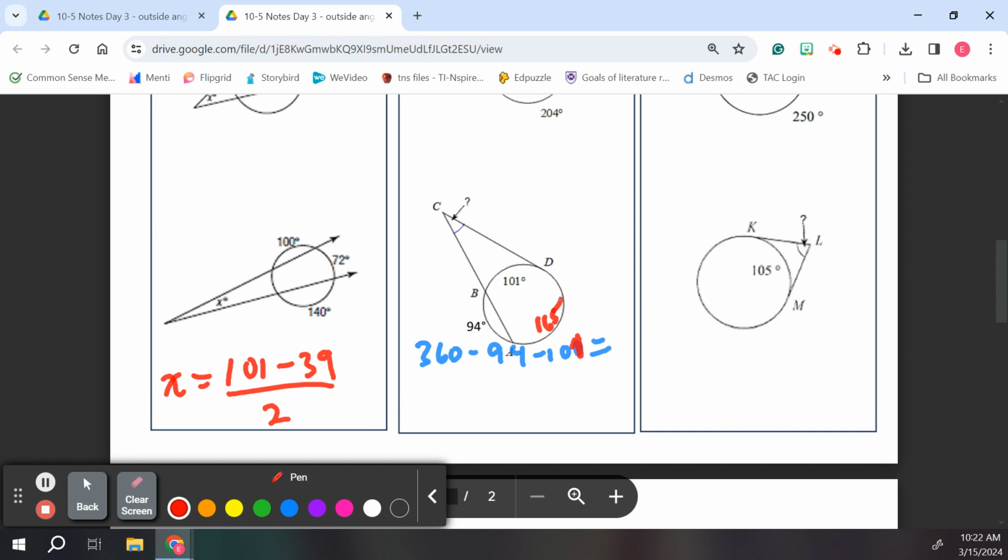That'll do it. Okay, so now that I have this, I am going to find the measure of angle C equals, in this case, 165 minus 101 divided by 2, which gives us how many degrees?